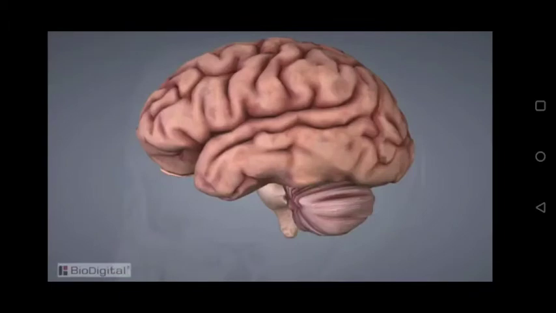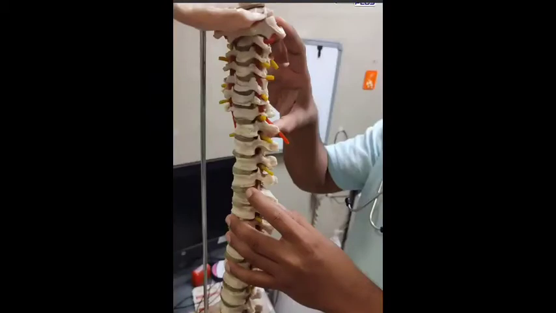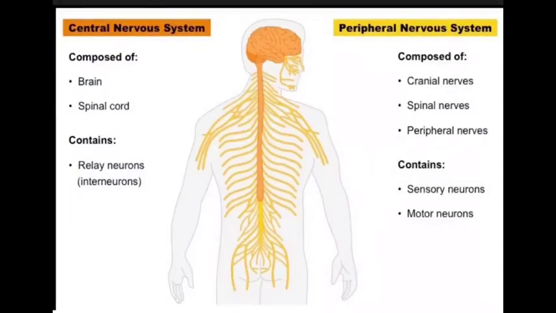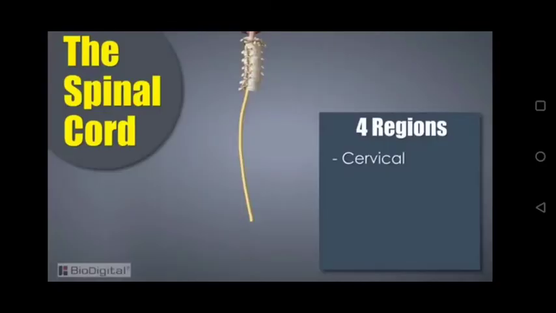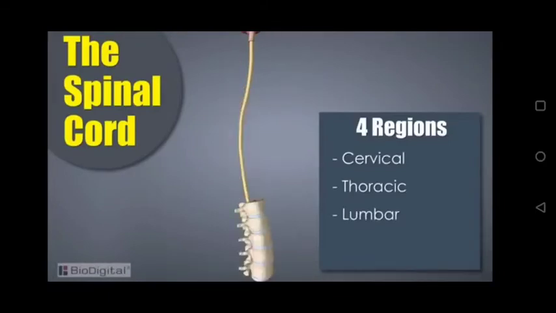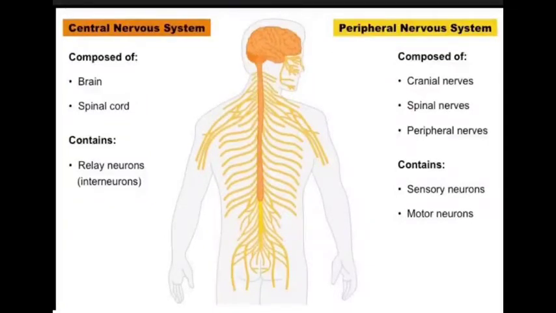Now that we have covered the brain, let us take a look at the other half of the central nervous system, that is, the spinal cord. The spinal cord is the link between the brain and the nerves and the rest of the body. The spinal cord is divided into 4 different regions: the cervical, thorax, lumbar, and the afferent and efferent spinal nerves, which merge to form the peripheral nervous system.